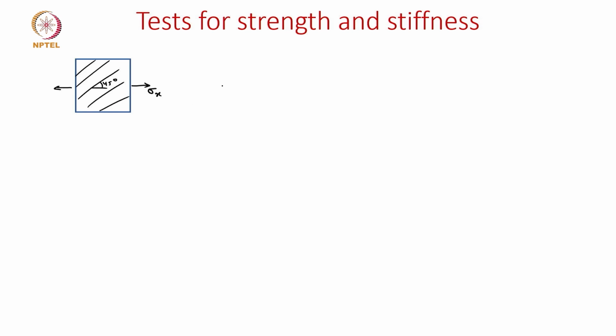So earlier we have shown these stress strain relations. From those relations we can show that 1 by Ex is written as 1 by 4 times (1 by E1 minus 2 nu12 by E1 plus 1 by G12 plus 1 by E2).